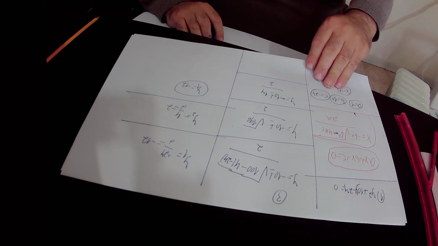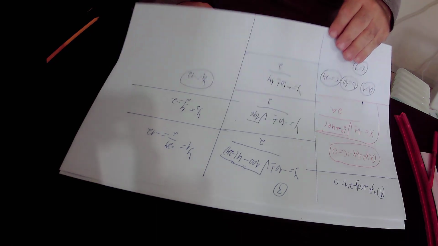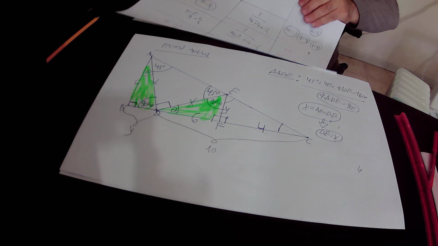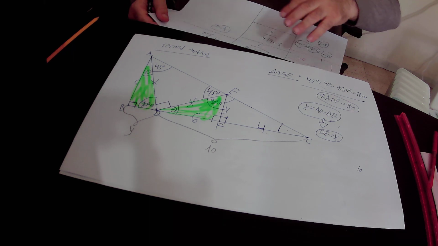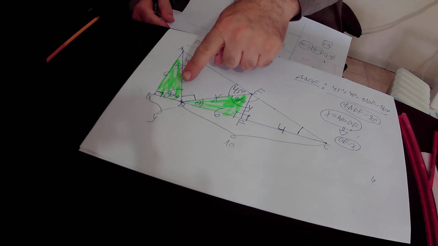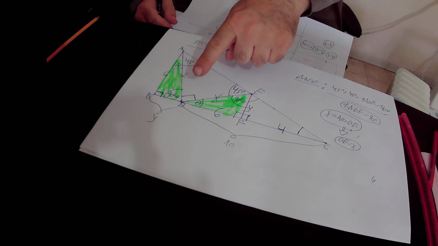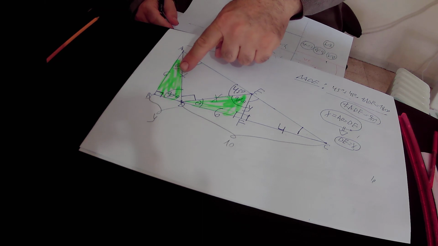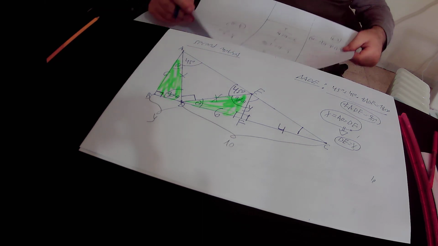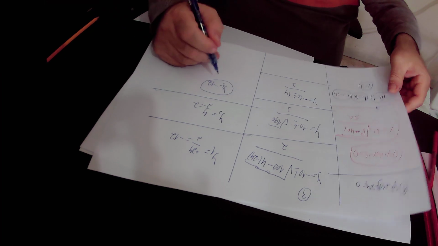This solution is incorrect because y is the length of side BD of triangle ABD. Therefore, it must be a positive number.